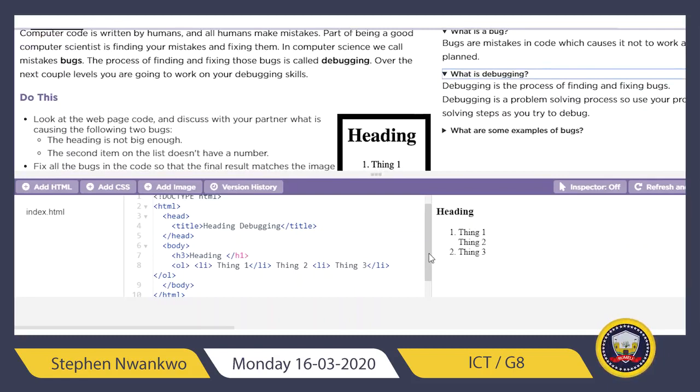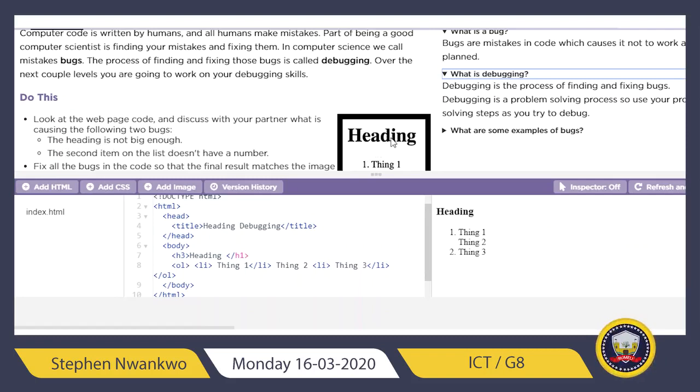Now let's look at this lesson. Do this. This is the instruction. Look at the web page code and discuss with your partner what is causing the following 2 bugs. 1, the heading is not big enough.